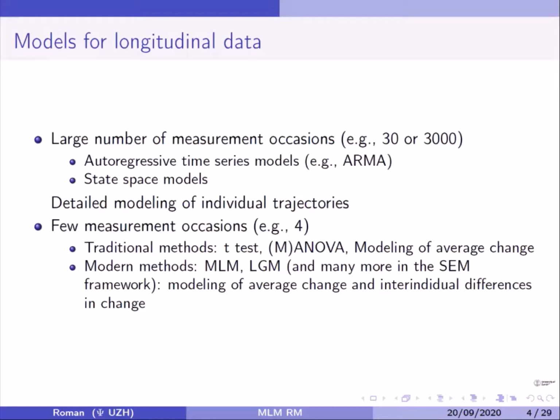I won't talk much about ARMA, but the general idea with autoregressive time series models is that we're using something called lags. So to predict my time 2 weight, I would predict it with time 1. To predict my time 3 weight, I could predict it with time 2 and time 1, something like that. And the term autoregressive, auto meaning self, means that we have autocorrelation, or that my measurements in time are correlated with one another.